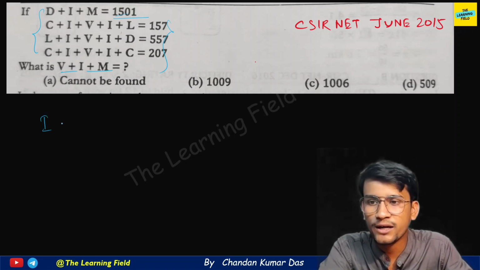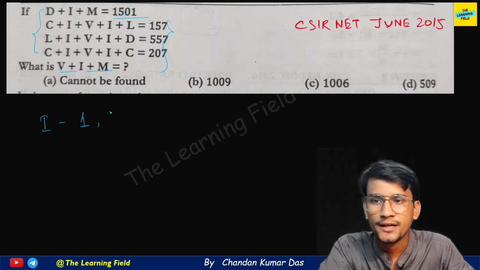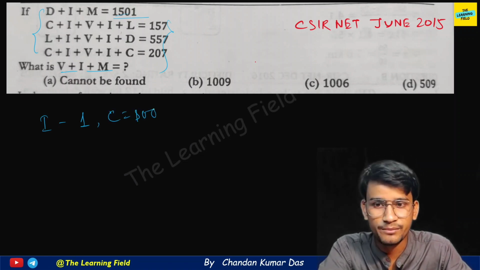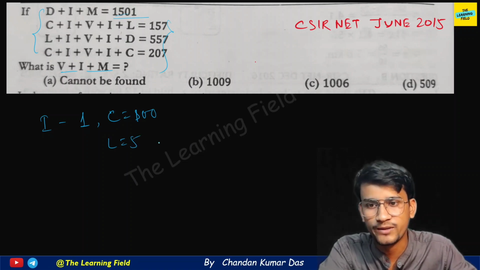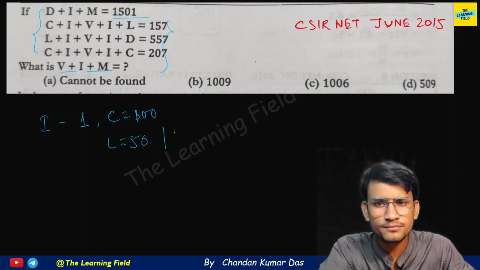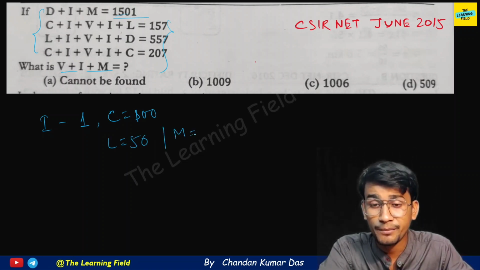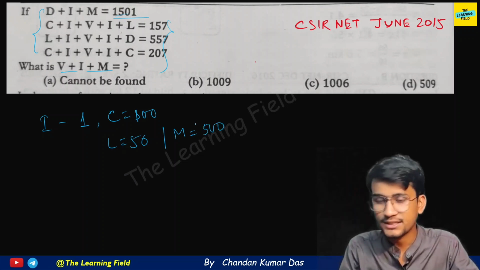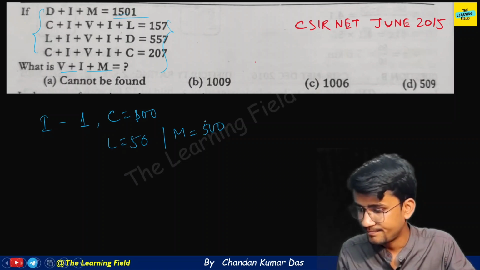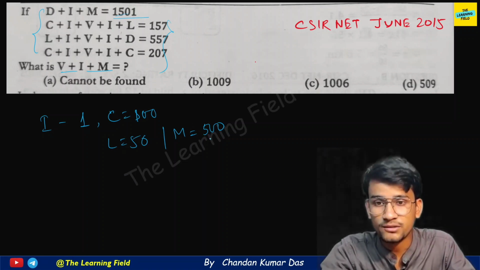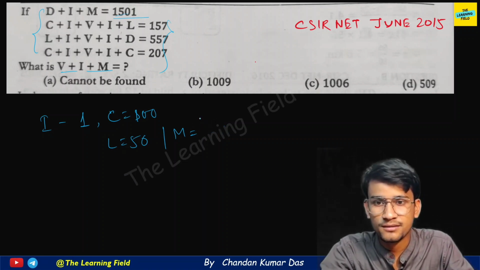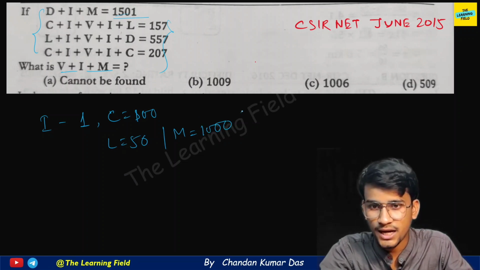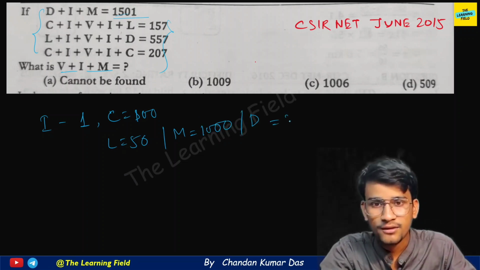I means 1, C means 100, L means 50, all are present here, and M means 1000 and D means 500.